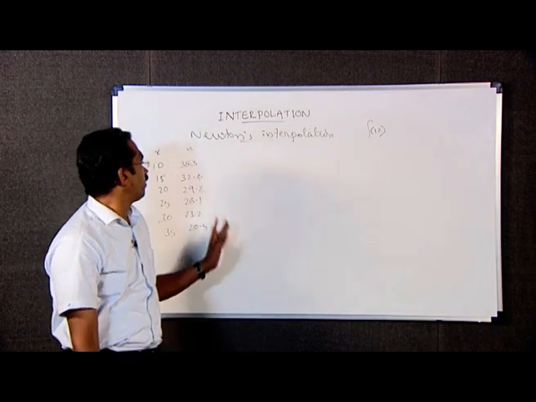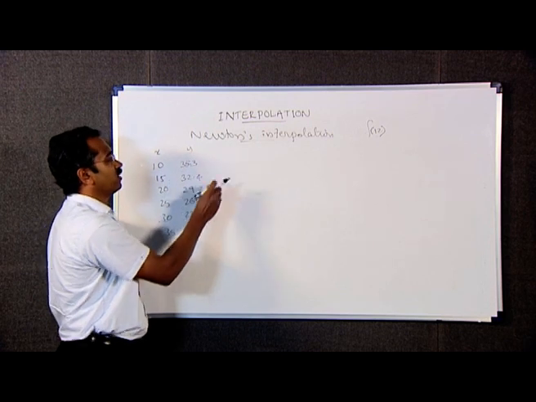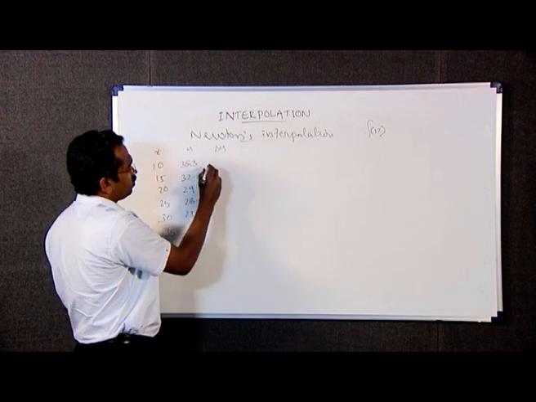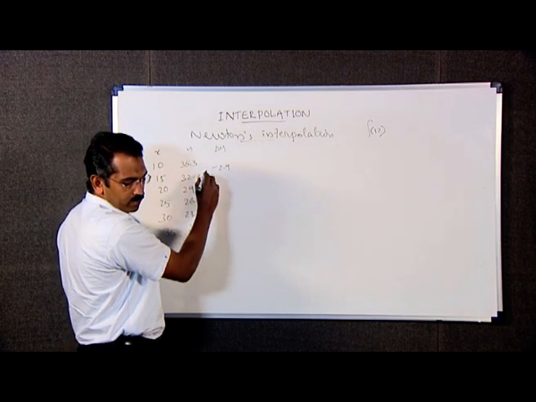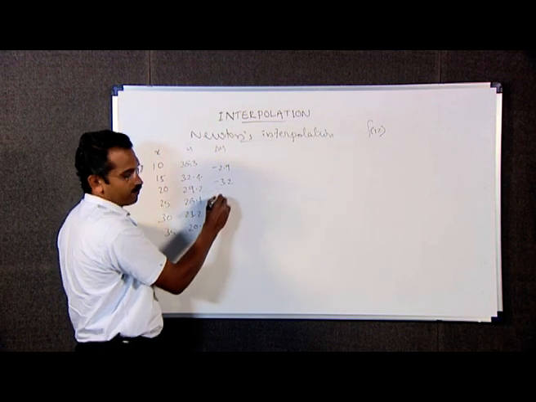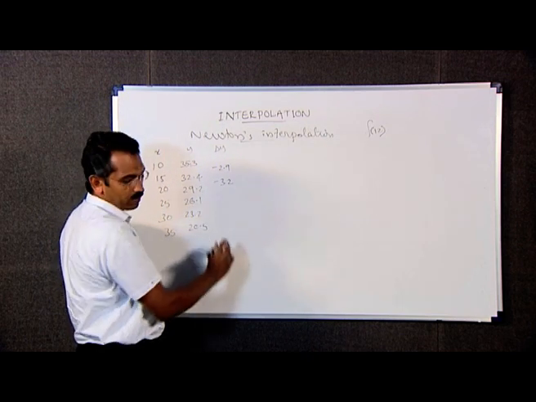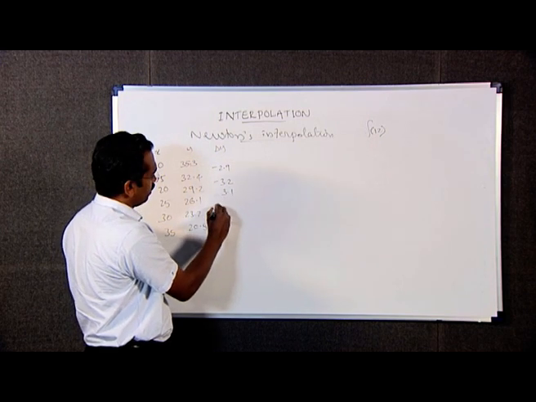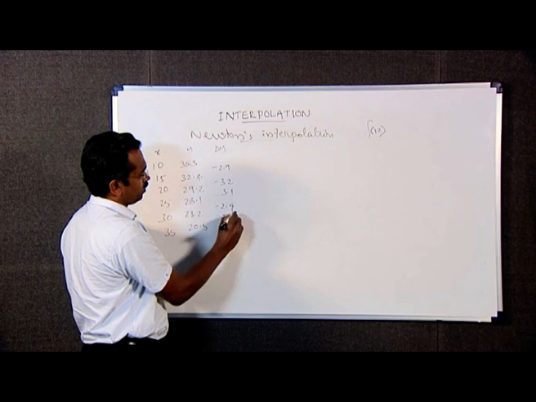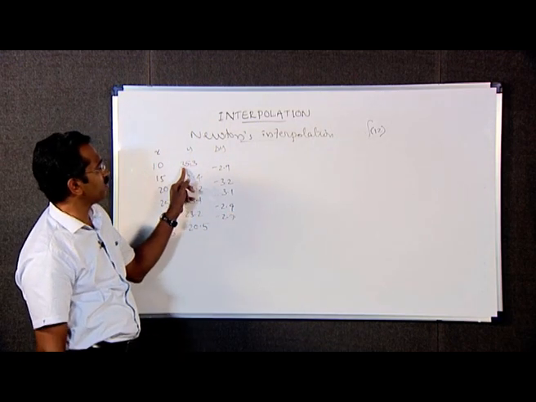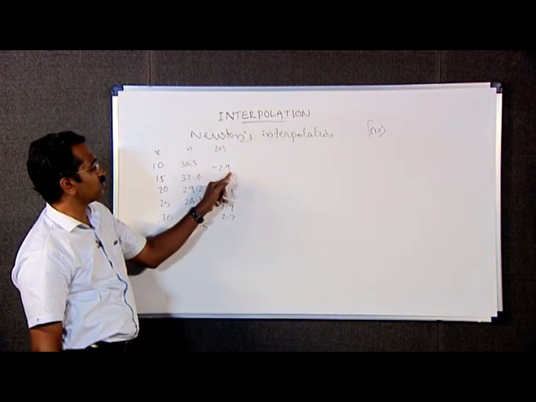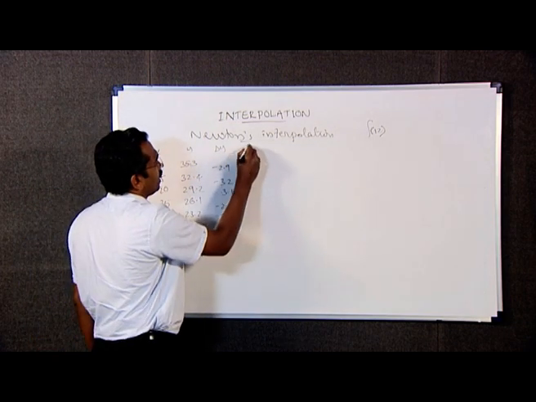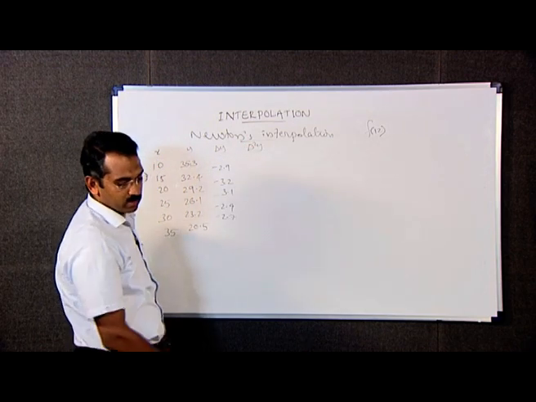First of all, we formulate the forward difference table. The first differences are minus 2.9, minus 3.2, minus 3.1, minus 2.9, minus 2.7. That is 32.4 minus 35.3 is minus 2.9. We calculate all the first differences, and the second differences are delta square y.